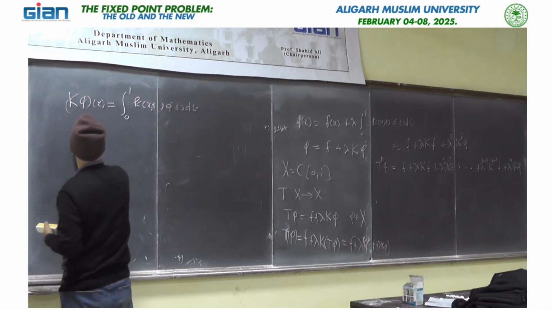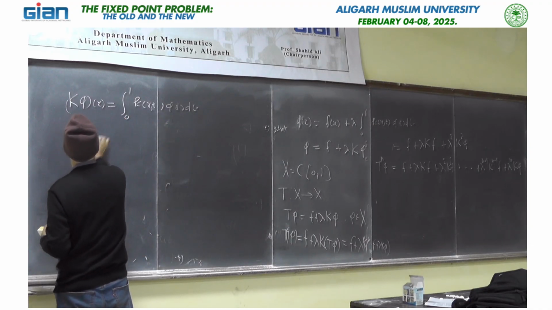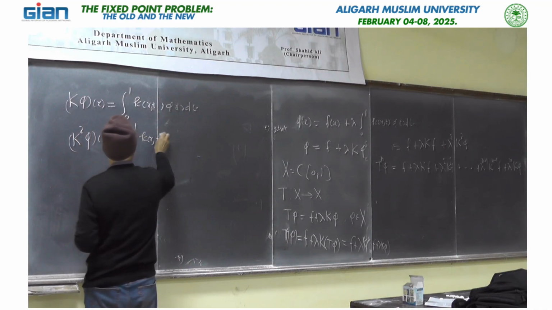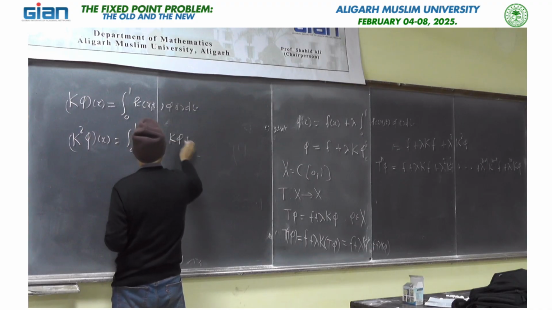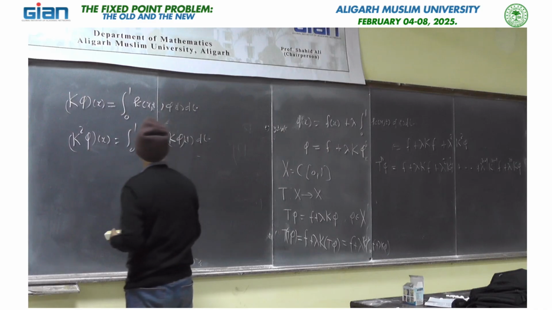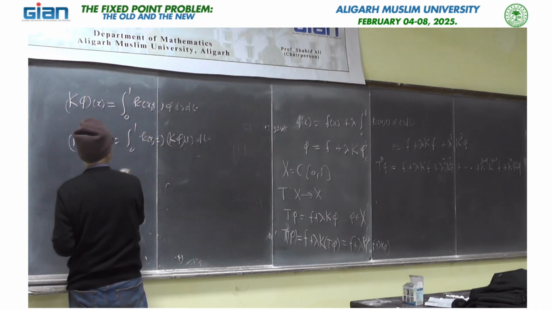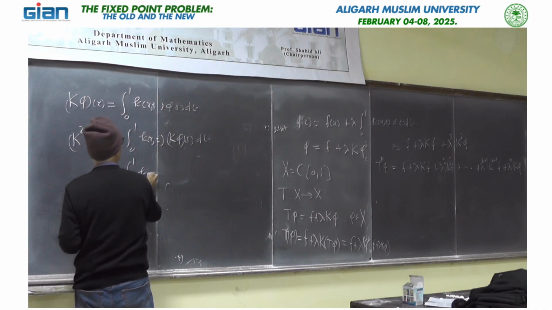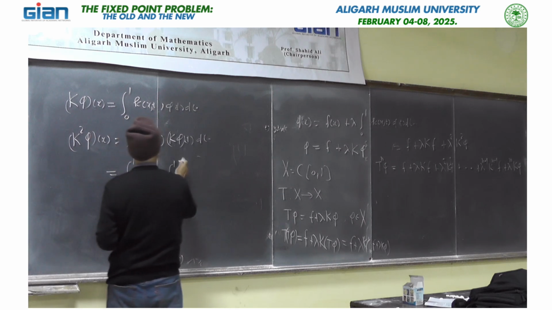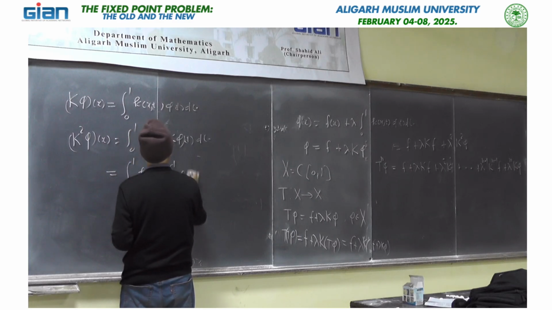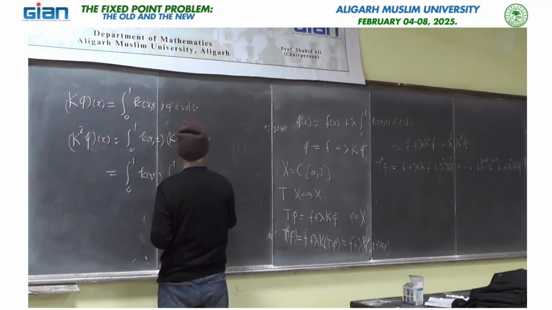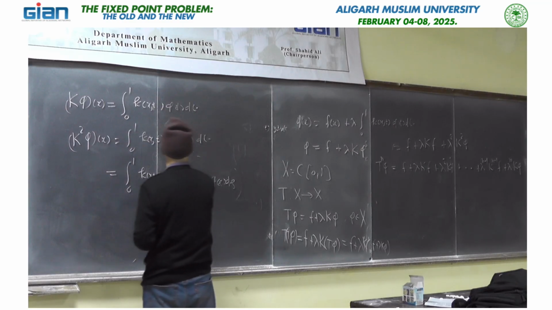Now K squared of phi at x is the integral from 0 to 1 of K(x,t) times (K phi)(t) dt. Now just substitute that K phi t: integral from 0 to 1 of K(x,t), and here again the integral from 0 to 1 of K(t,s) phi(s) ds, and then dt.